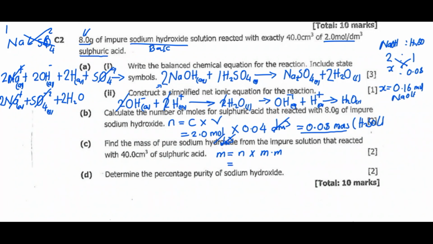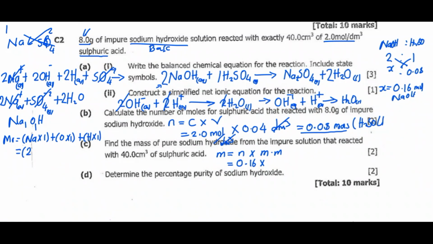So this is what we are going to put here. 0.16 times, we need to find the molar mass for sodium hydroxide. So let's look at sodium hydroxide. Mr is equal to Na times 1 plus oxygen times 1 plus hydrogen times 1.